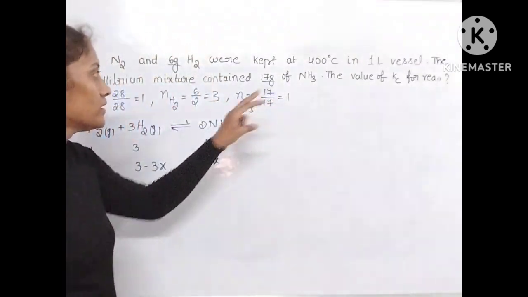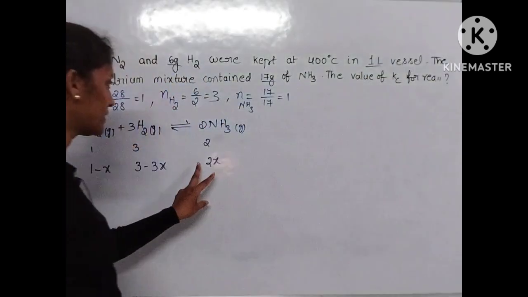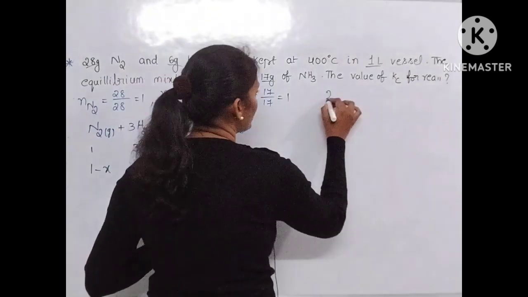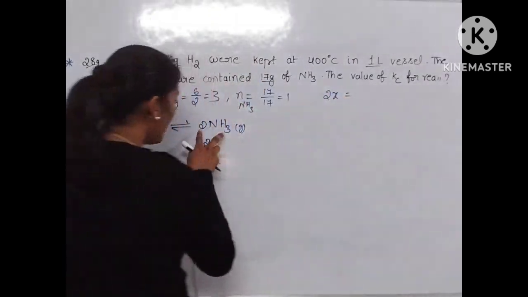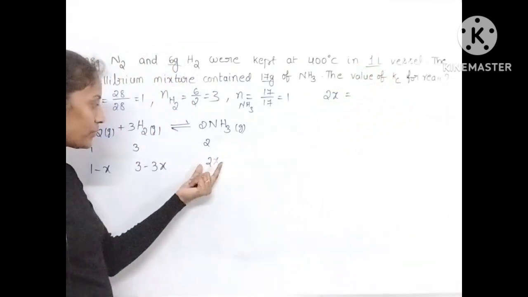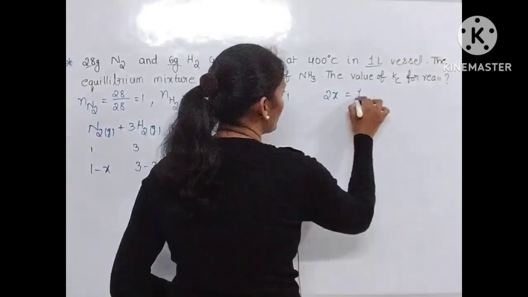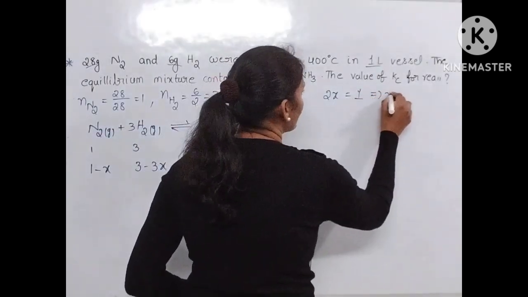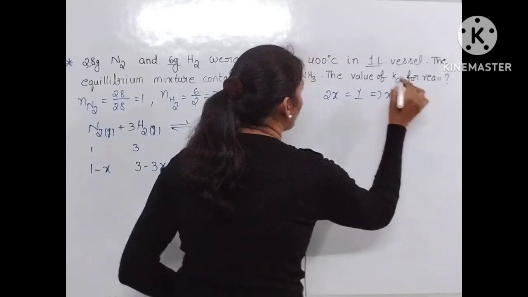You can equate 2X to 1, because ammonia is present in a 1 liter vessel, so number of moles equals 1. Then you will get X equal to 0.5.